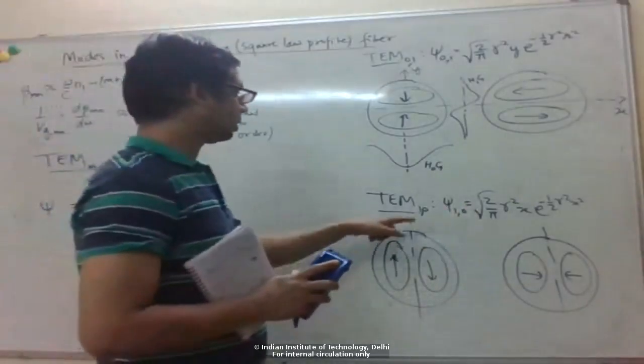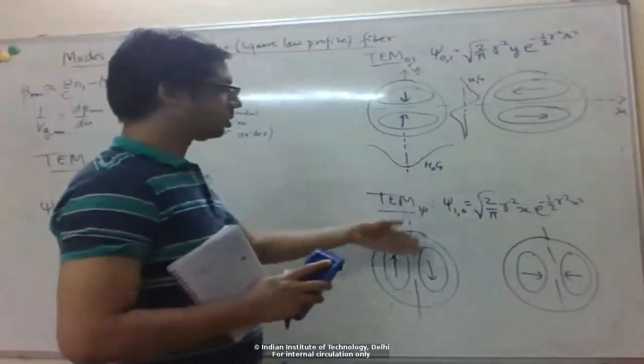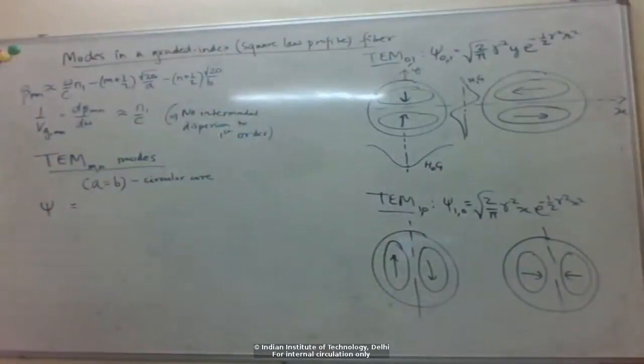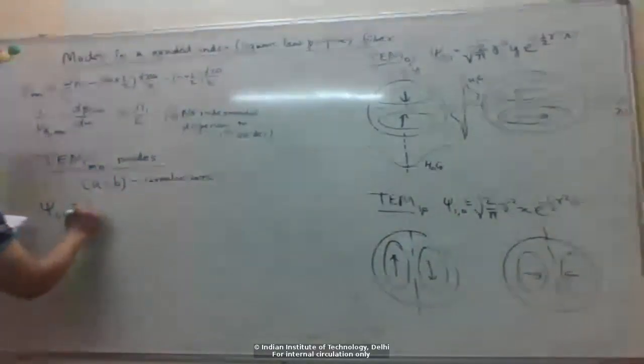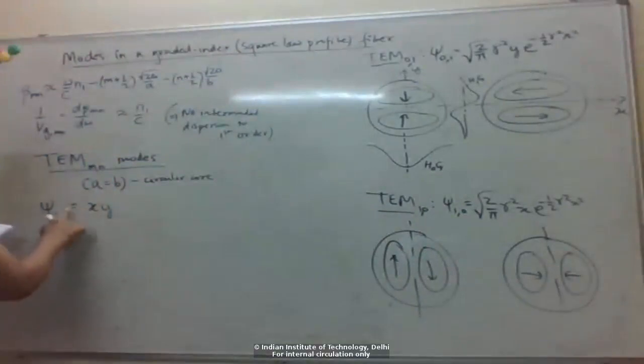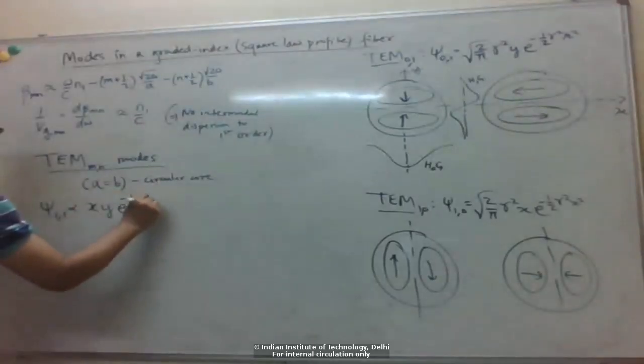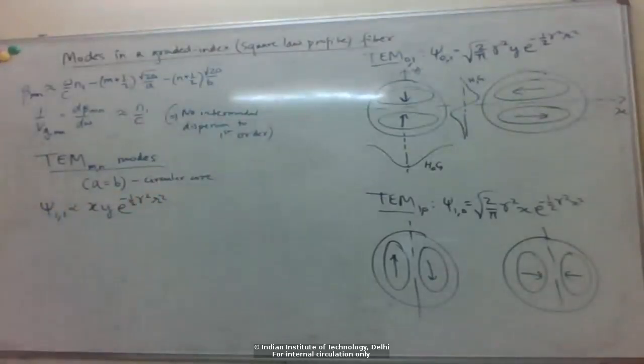If you increase n, then you get another 0 in the y direction. So 1, 1 means now we'll have x times y. So I'm ignoring the constants here. So we'll get a function which is x times y times Gaussian in the radial coordinate.